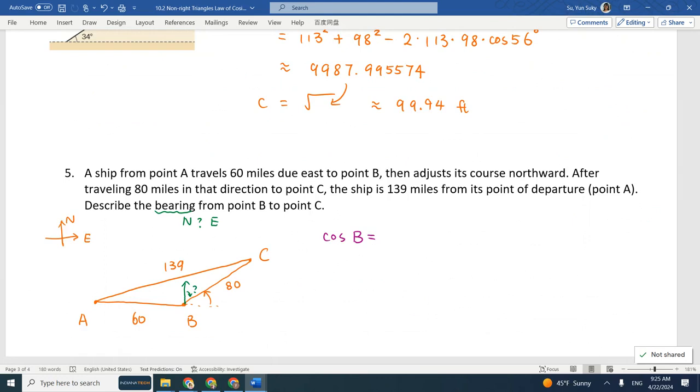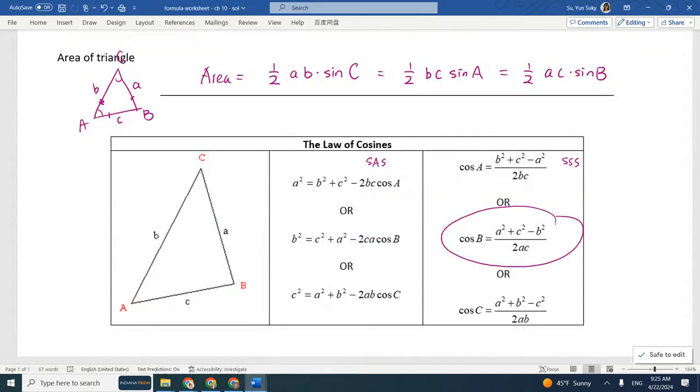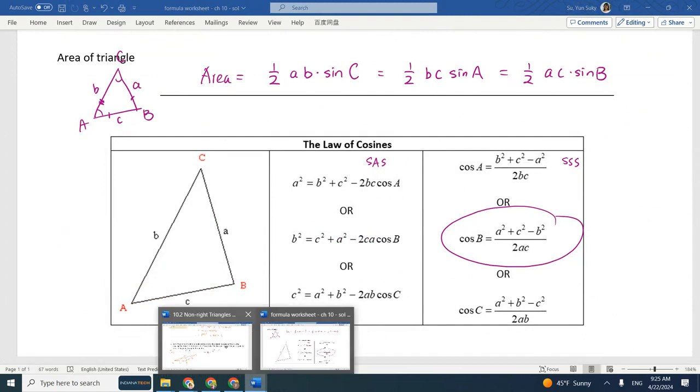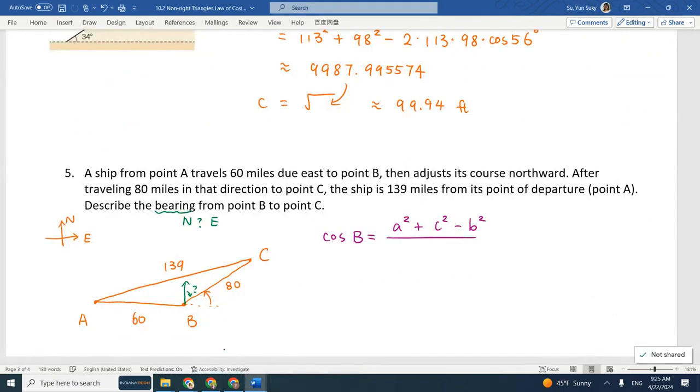Obtuse. So your cosine would be negative. So cosine B is a squared plus c squared minus b squared over 2ac.